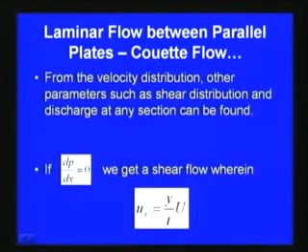As I mentioned earlier, there are a number of applications for this Couette flow, so we can utilize this analytically derived expression to find the velocity in various practical cases. And then from the velocity distribution, other parameters such as shear distribution and discharge at any section can be found.